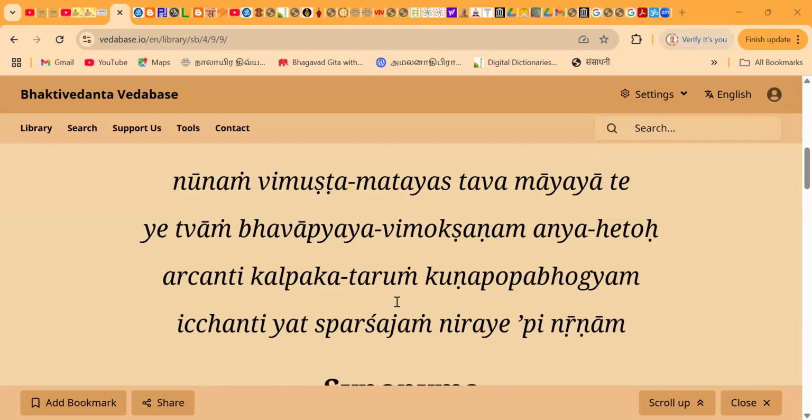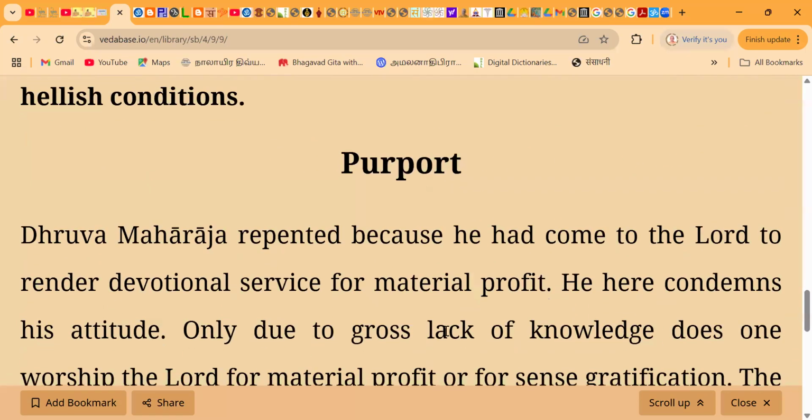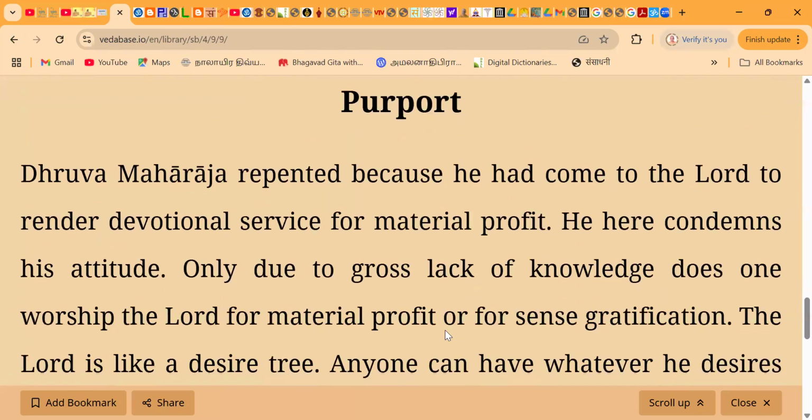Well, I'll go through Prabhupada's purport. Dhruva Maharaj repented because he had come to the Lord to render devotional service for material profit. He here condemns his attitude.